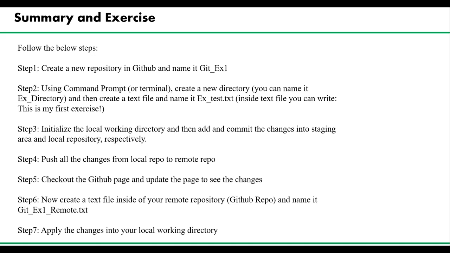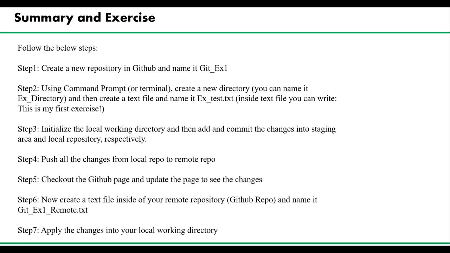And then create a text file and name it ex_test.txt. Inside the text file, you can write something like this: This is my first exercise. The third step is initializing the local working directory that you are in, and then add and commit the changes into staging area and local repository respectively.